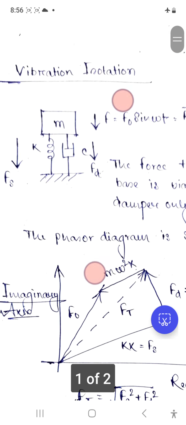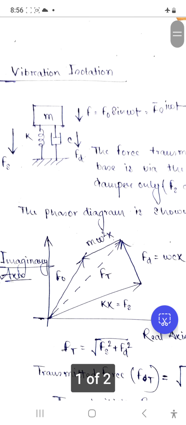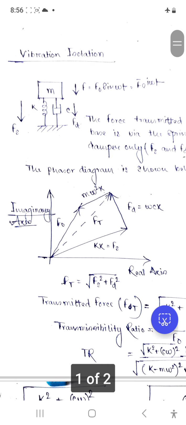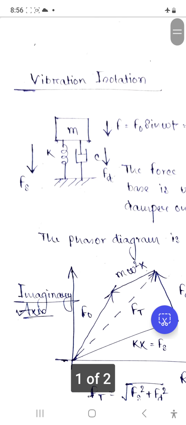Apart from these two, there is nothing else attached, meaning the force exciting the mass is transmitted via these two media only. So if I don't want this vibration to reach the ground even though the mass is vibrating, then I am isolating it.